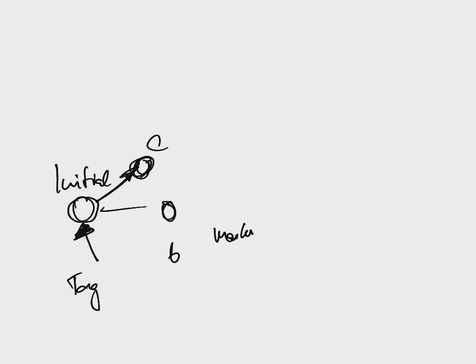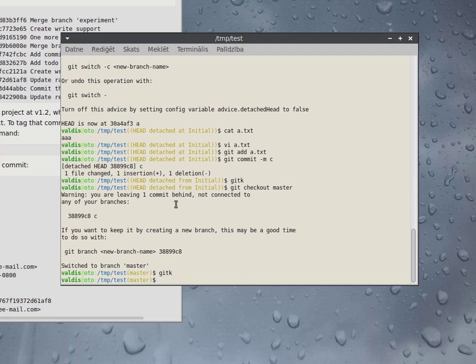You can add another lifeline, another history here for this commit, and it just goes nowhere. But it's still inside the temporary memory of the Git database.